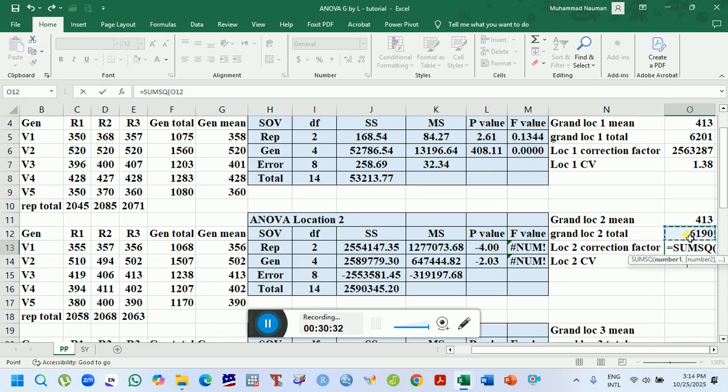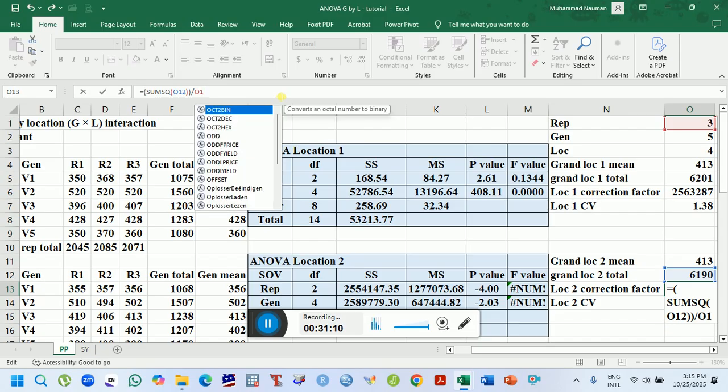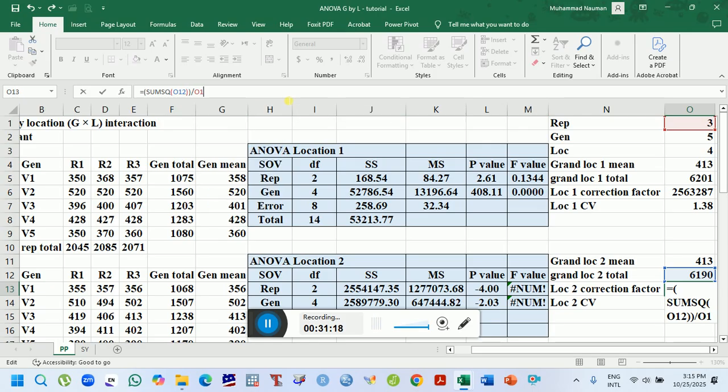Okay, close the bracket, divide by replication, dollar sign, leave the dollar sign, replication multiplied by genotype.